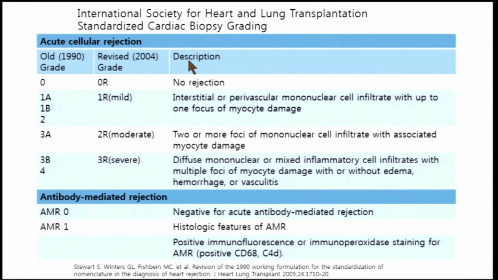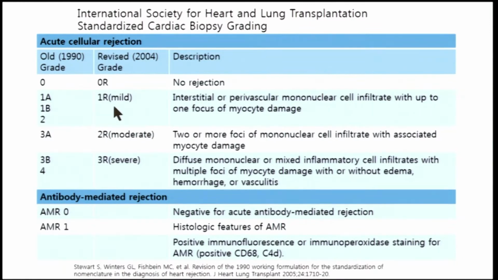The cardiac biopsy grading after transplantation for acute cellular rejection has been very stable. The original classification is like this, and the modified revised classification has been used since 2004, with grade 0R, but as you can see here, it is just a grouping of the original classification.